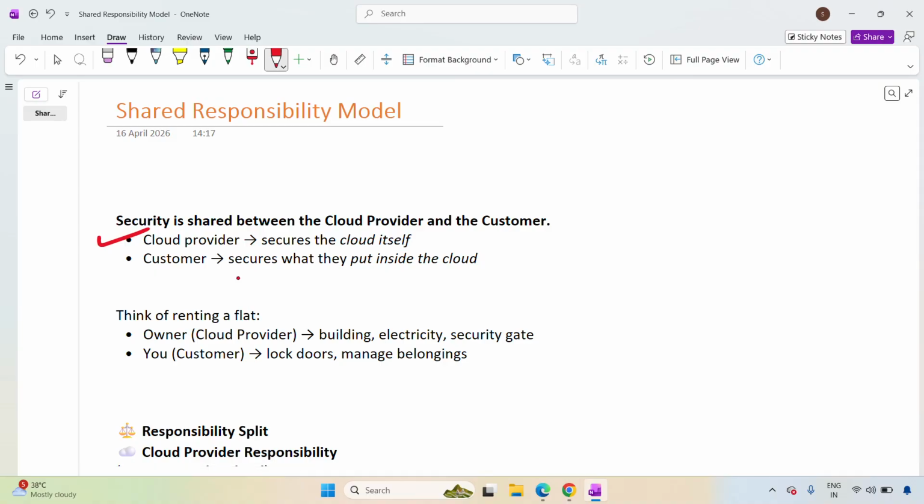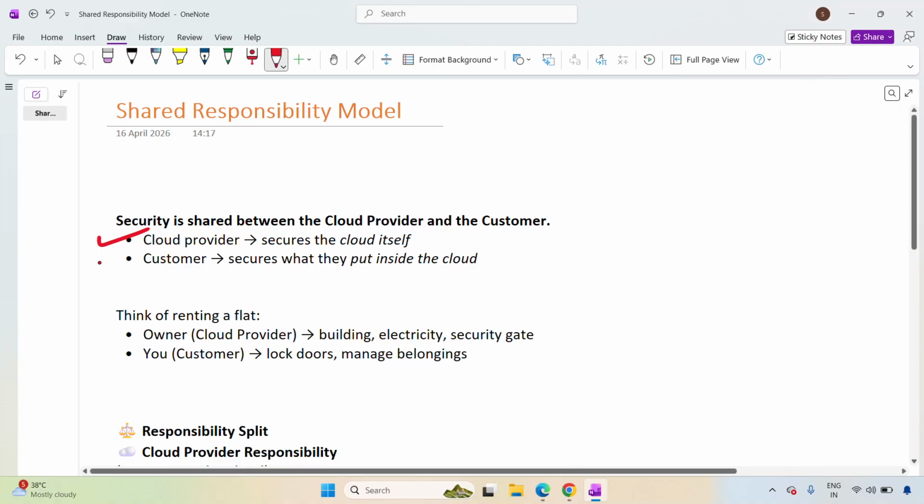Let's say AWS will be responsible to keep the AWS platform secure. And the customer will be responsible to secure the data, or whatever he is going to put inside the cloud. So this is the shared responsibility model.